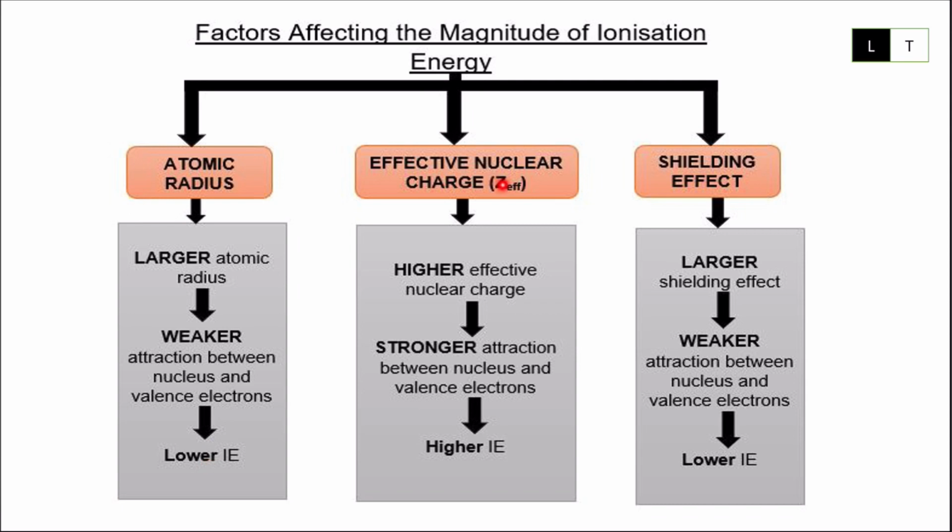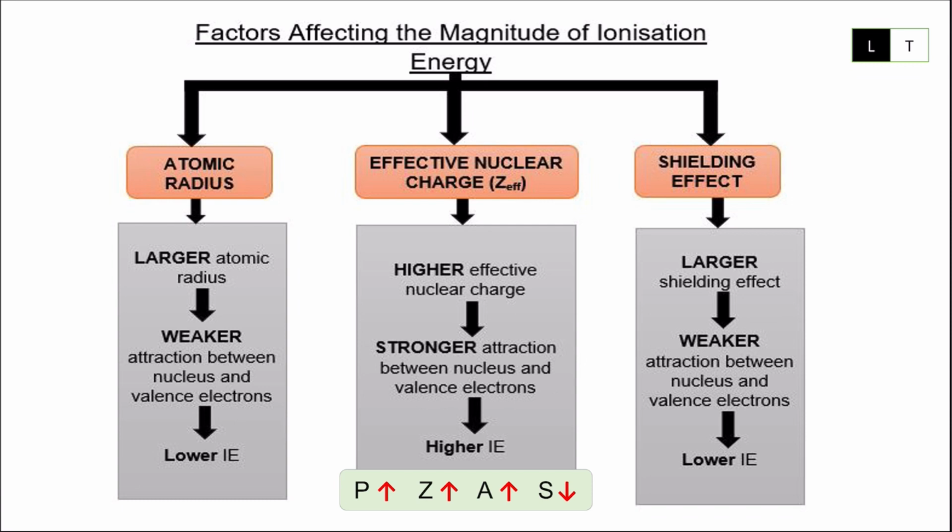However, if we have a higher effective nuclear charge, it means that the attraction between nucleus and valence electron will be so strong, so we need more energy to remove the valence electron, hence higher ionization energy. So this is the trend when we use LAYOUT PIZZAS. I hope you still remember about this.